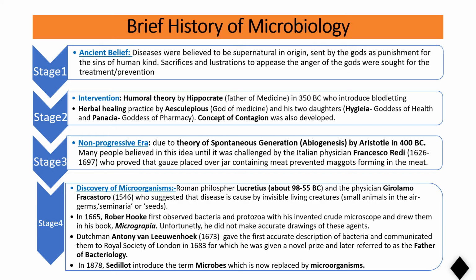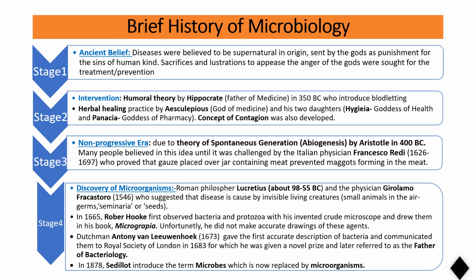So the real discovery of microorganisms, real description of microorganisms was started by the Dutchman Antony van Leeuwenhoek in around 1673, who gave the most accurate description of bacteria, various shapes of bacteria, such as the spherical shape.